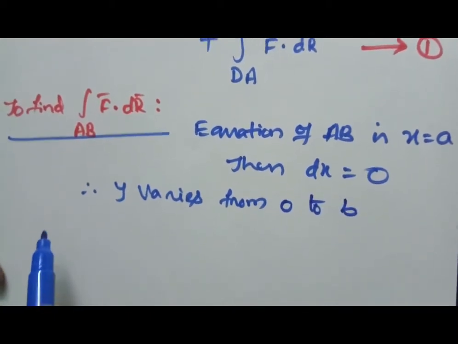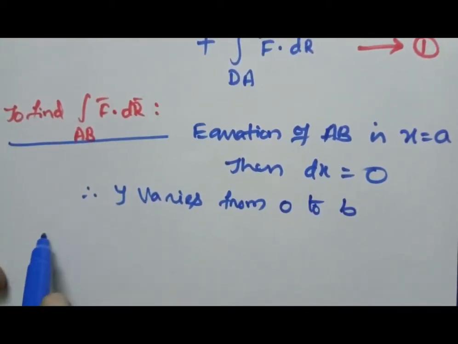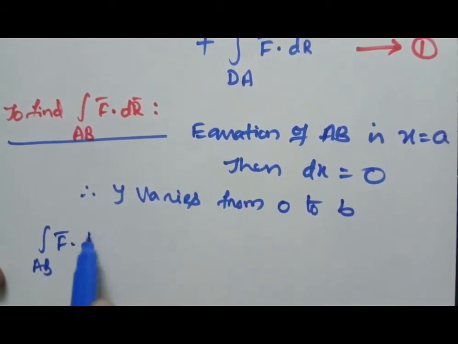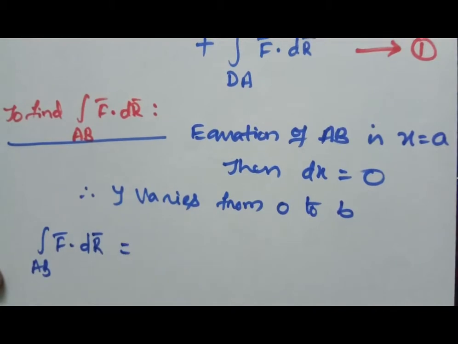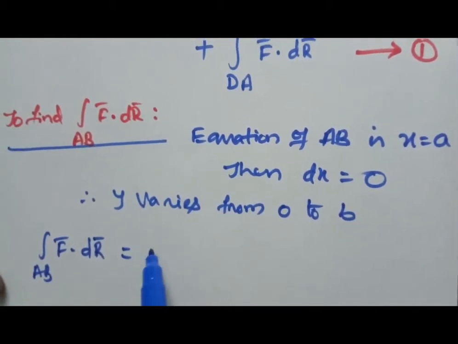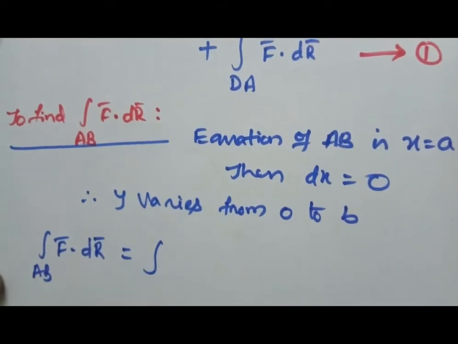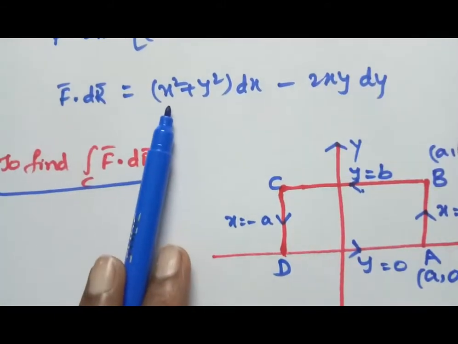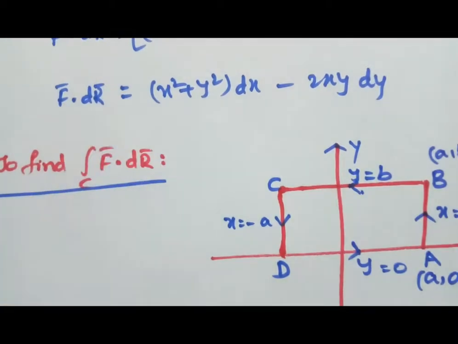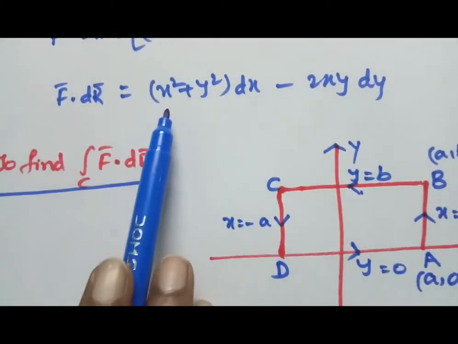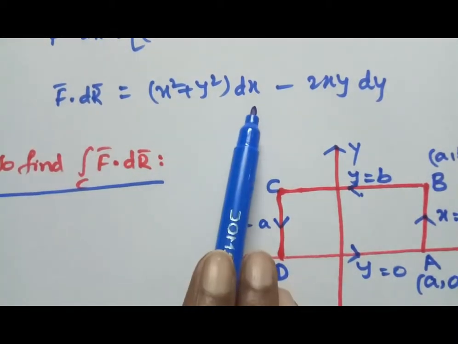Therefore integral over AB of f bar dot dr bar equals integral f bar dot dr bar. Here x square, the x value is a square, and dx value is 0.